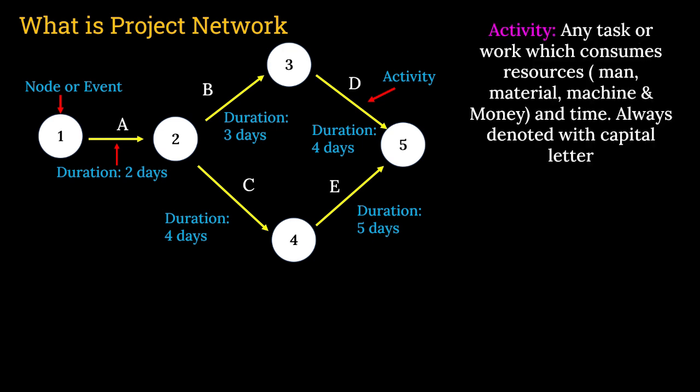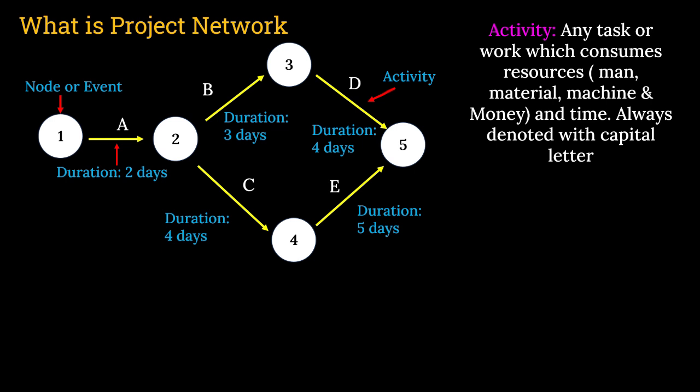Now let us clarify the word activity once again. What is that? Any task or work which consumes resources. Resources means man, material, machine and money. We require man, we require material, we require machine and money. If that is required, that is known as the activity.